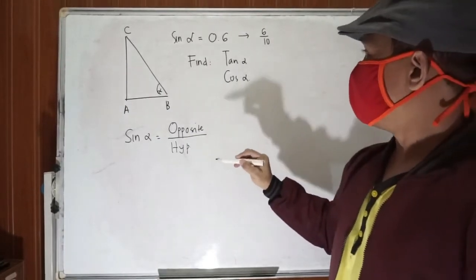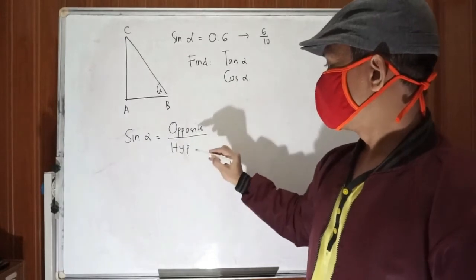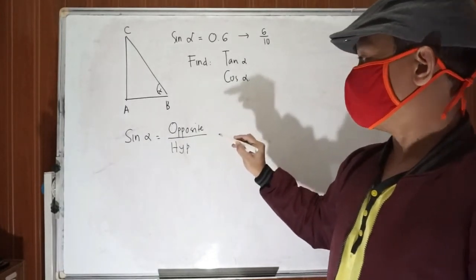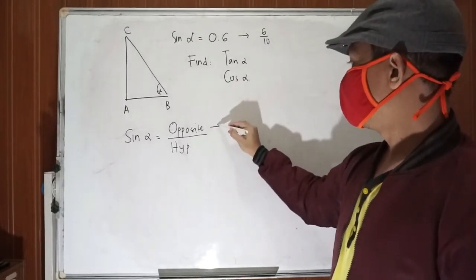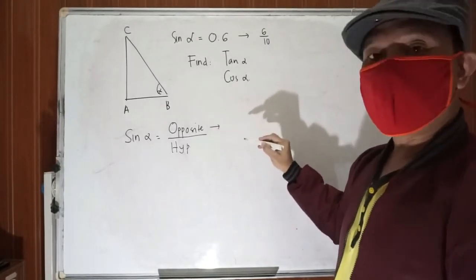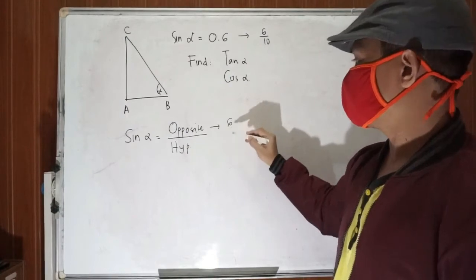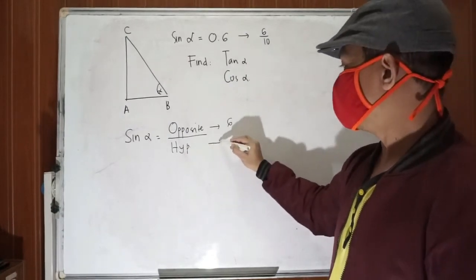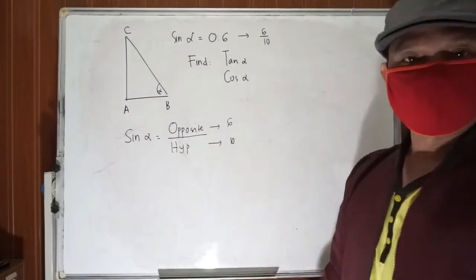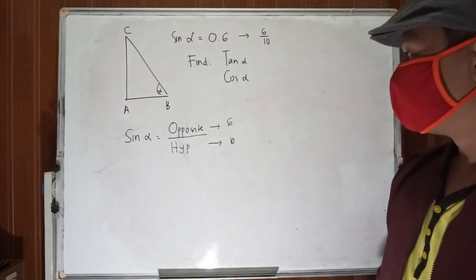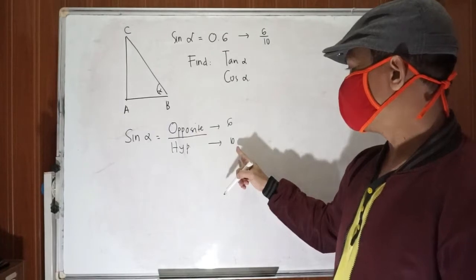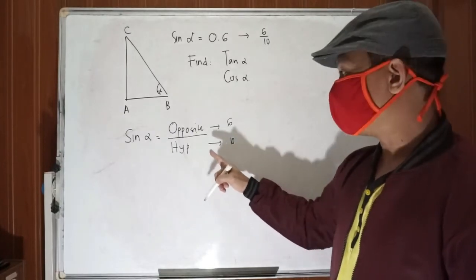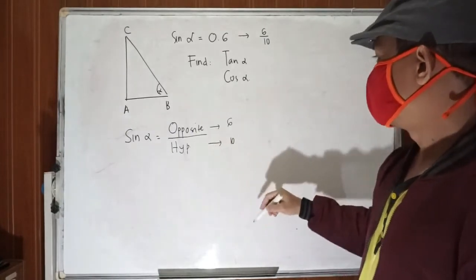So sine alpha equals opposite over hypotenuse, which means the representative of opposite is 6 and hypotenuse is 10. So 6 is representative of the opposite side and 10 is representative of the hypotenuse side.